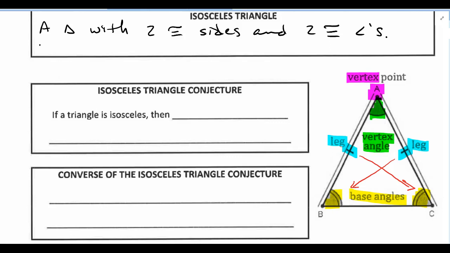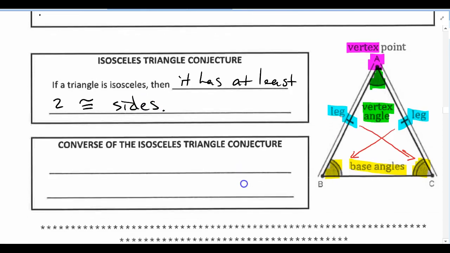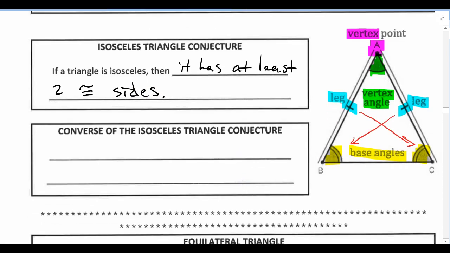All right, so moving on to the isosceles triangle conjecture. If a triangle is isosceles, then it has at least two congruent sides. And then if we look at the converse of that, if you recall the converse, we just flipped the hypothesis and the conclusion.